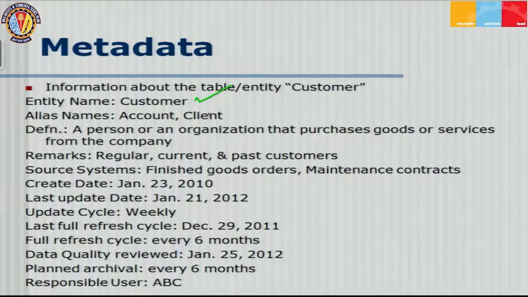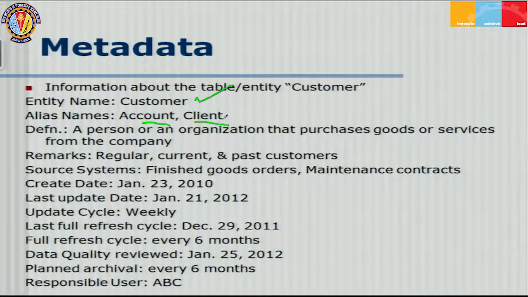Customer is the entity name, and there are alias names like account or client. Then there is a definition: a person or an organization that purchases goods or services from the company. Remarks: regular, current and past customers. Source systems: there are two sources, finished goods orders and maintenance contracts.